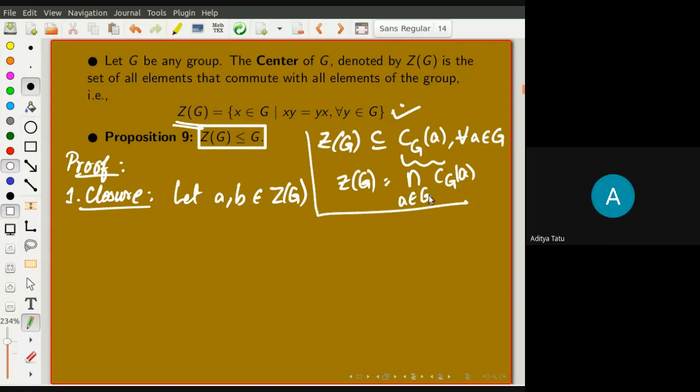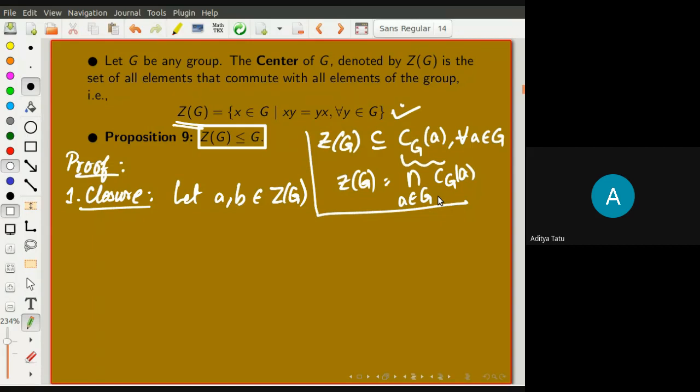Yes, but how many intersections can this have? The number of elements in G, the order of G. So, the order of G can be infinite also. Infinite, right? So, that would be one problem we have to deal with, isn't it?